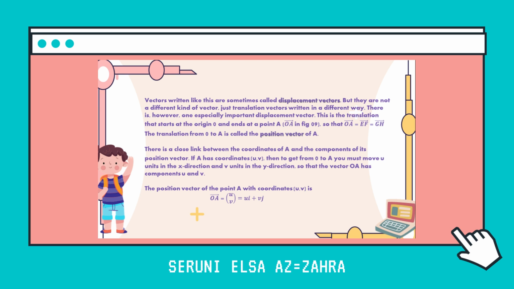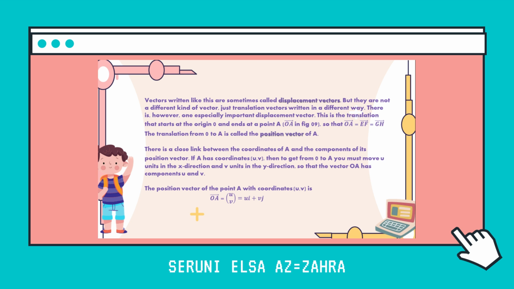If A has coordinates (u, v), then to get from O to A, you must move u units in the x direction and v units in the y direction, so that the vector OA has components u and v.